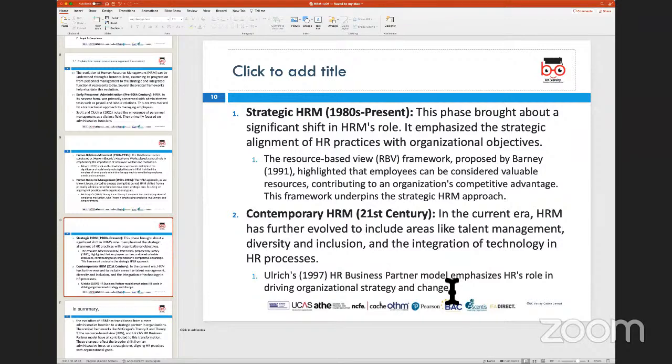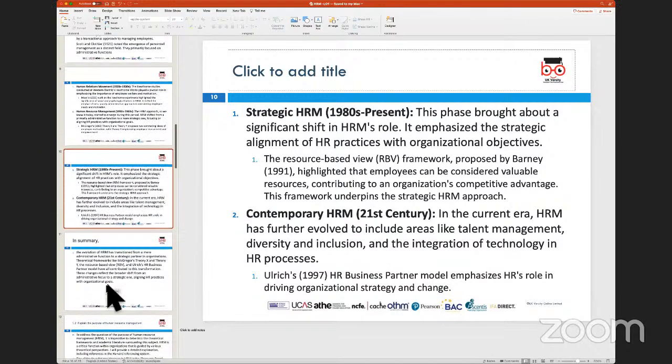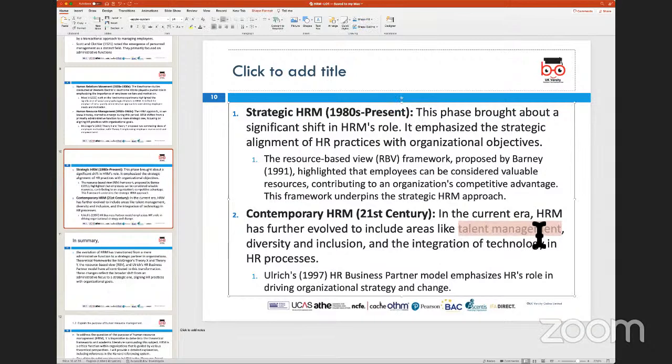These are the four key roles in David Ulrich's model, introduced in 1997. It helps the organization align its strategies with long-term vision, specifically in managing talent, that means managing resources, and inclusion and diversity with the integration of technology within the organization.